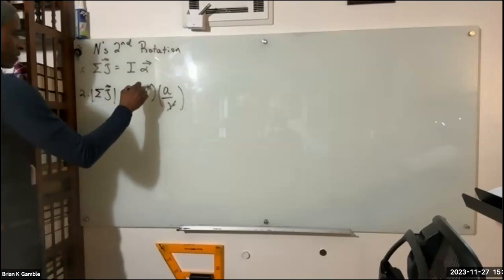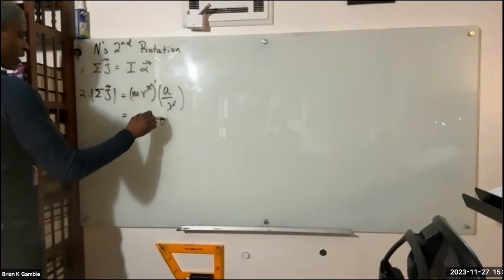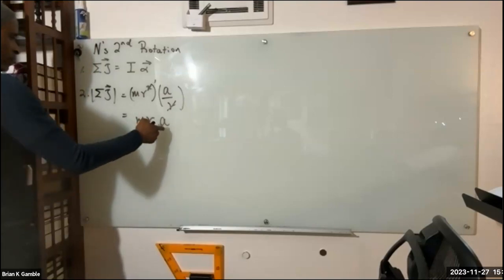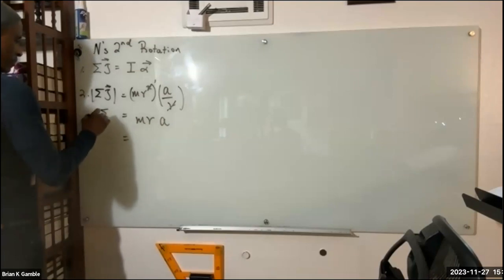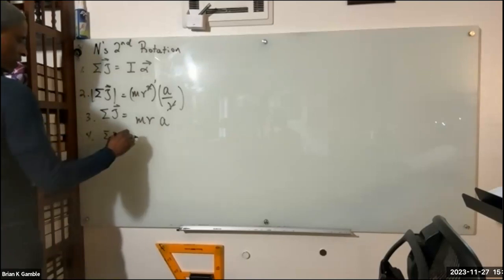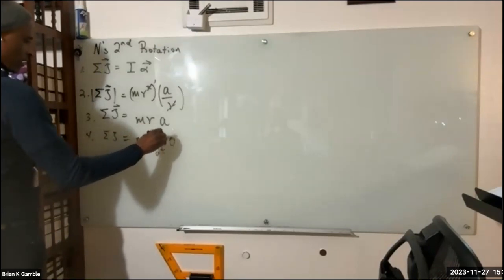So we have m r times a. Now, this derivation here: this is m r times the time rate of change of v, right?